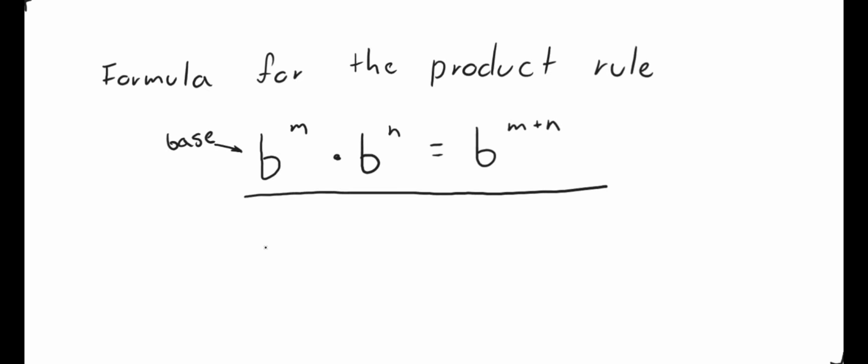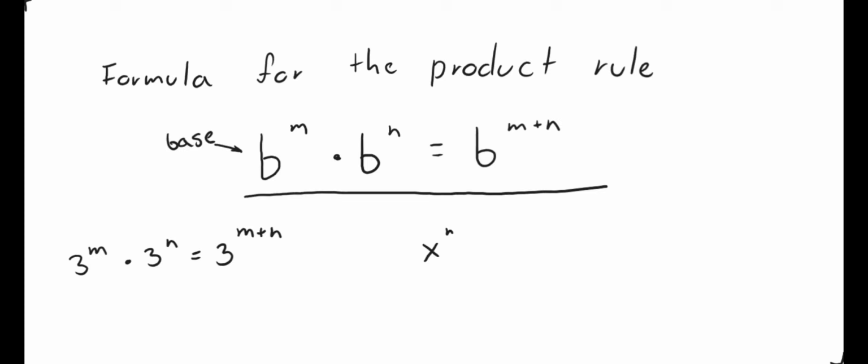So if we have 3 to the power of M times 3 to the power of N, this will work because the bases are 3. Both of them are 3. That way we can add our exponents. It's the same thing with letters. So let's say we have an x instead.